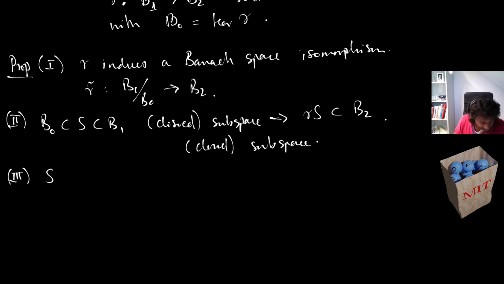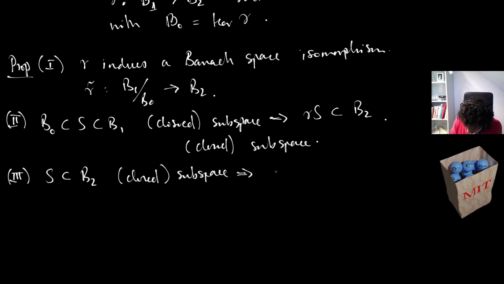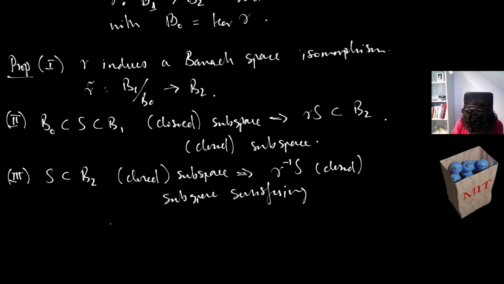Now, if S is a closed subspace, possibly closed, then the inverse image of S is a closed subspace satisfying B0 ⊂ gamma inverse S ⊂ B1.